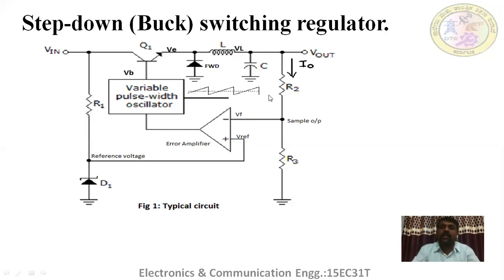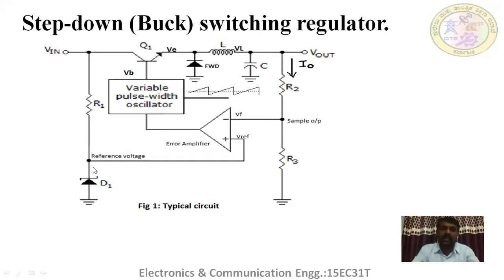Right. So how does this feedback circuit work? In this feedback circuit, part of the output is taken as a sample, and this is given to one terminal of the error amplifier. The error amplifier is nothing but a comparator. The other input of this comparator or amplifier is from the reference voltage.